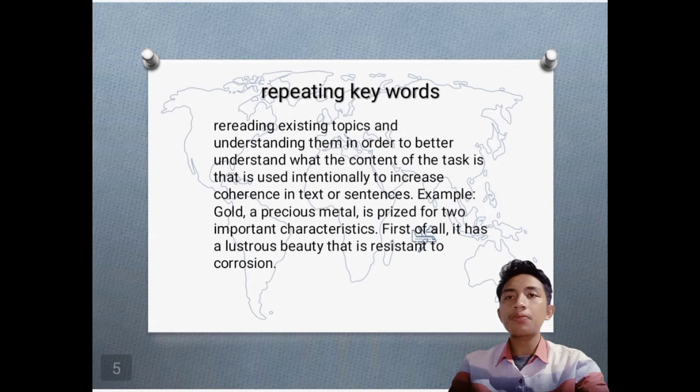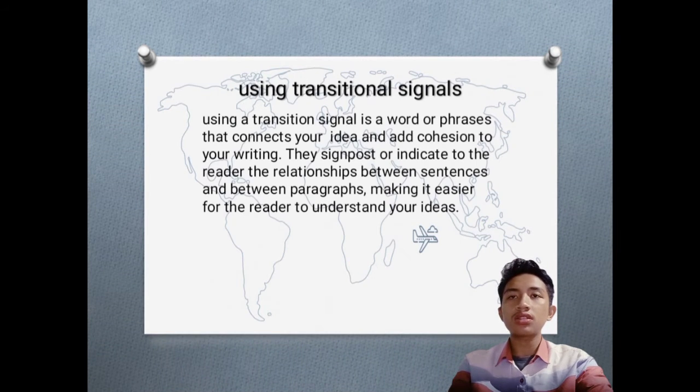For example, gold, a precious metal, is prized for two important characteristics. First of all, it has a lustrous beauty that is resistant to corrosion.